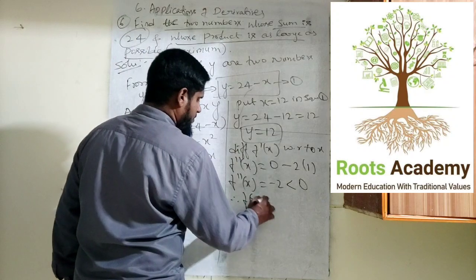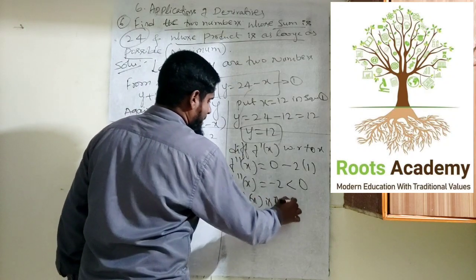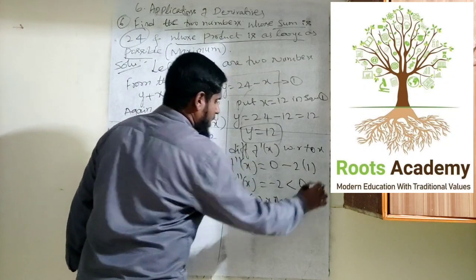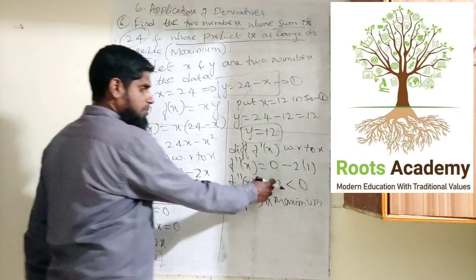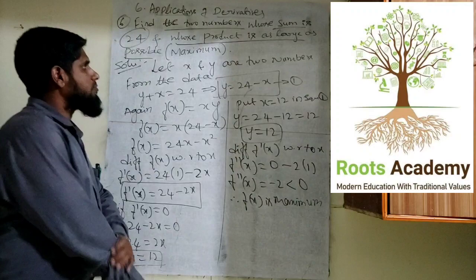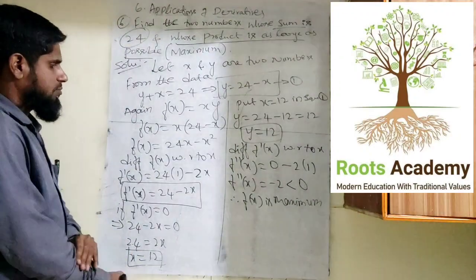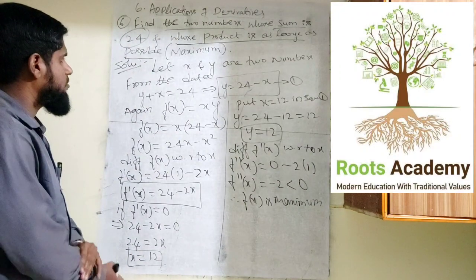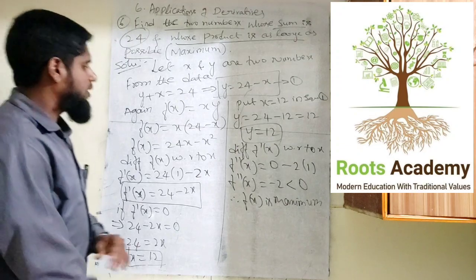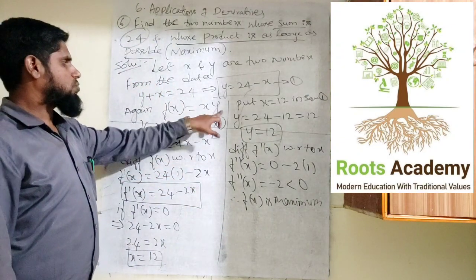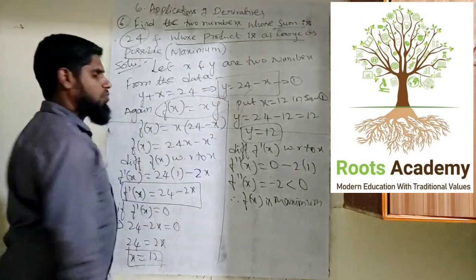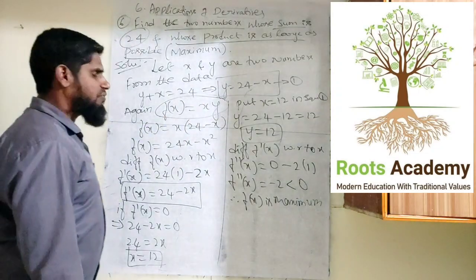Therefore, f of x is maximum. What is the maximum value of the function? Okay, no need to find the maximum value. Definitely the maximum value is 12 into 12, that is 144.